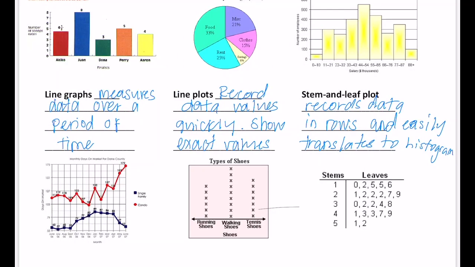And if we look down here, the table shows the number of visitors to the butterfly park during a 4-month period. Explain why each kind of display would or would not appropriately represent the data. So looking at this, since it's looking at time, a line graph would do well.